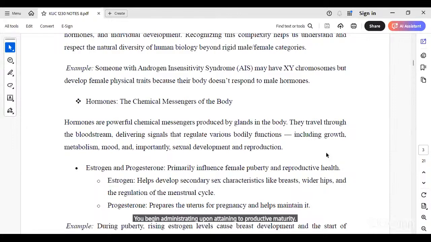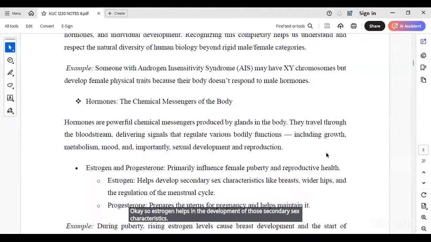So these characteristics you develop later in life are the secondary sex characteristics. The primary sex characteristics are the things you were born with. So estrogen helps in the development of those secondary sex characteristics.